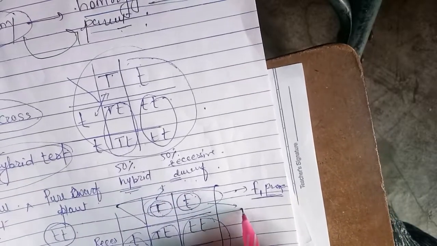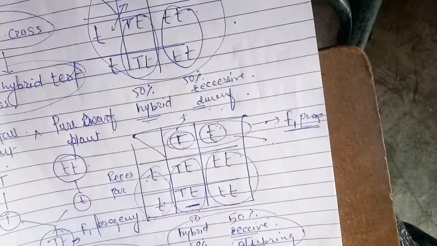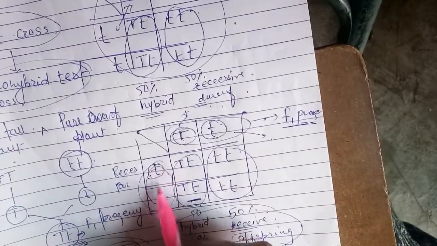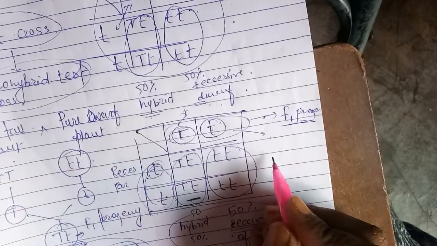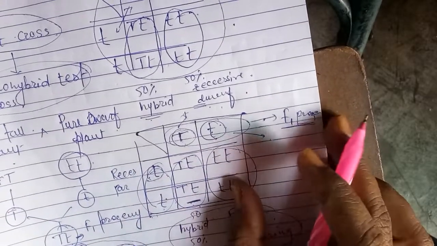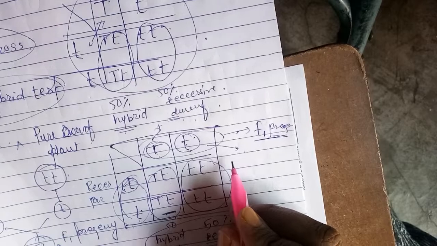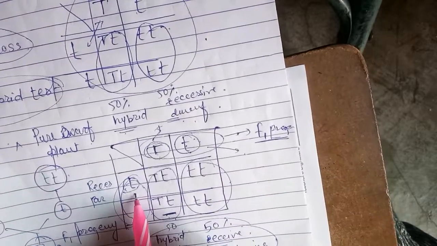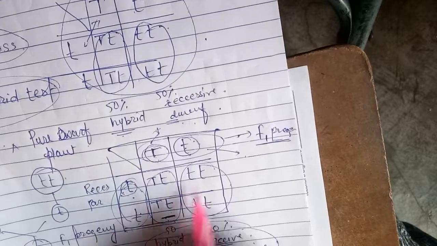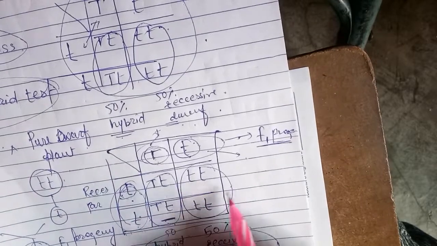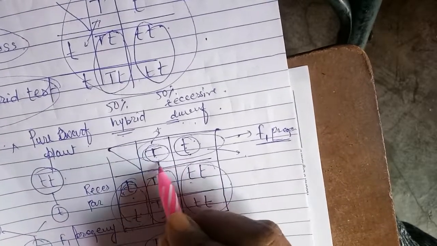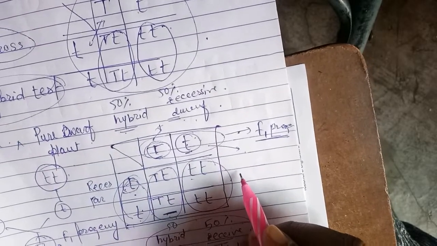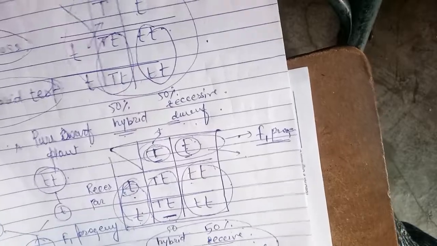In the recessive parent only one type of gamete is seen, that is small t. So the ratio is 1:1.